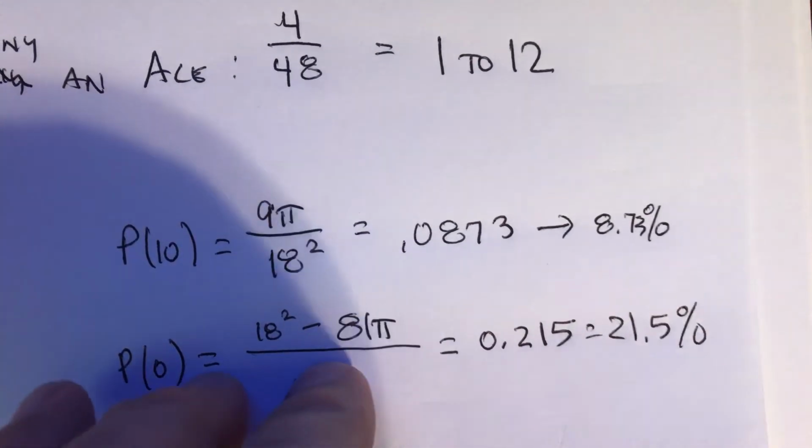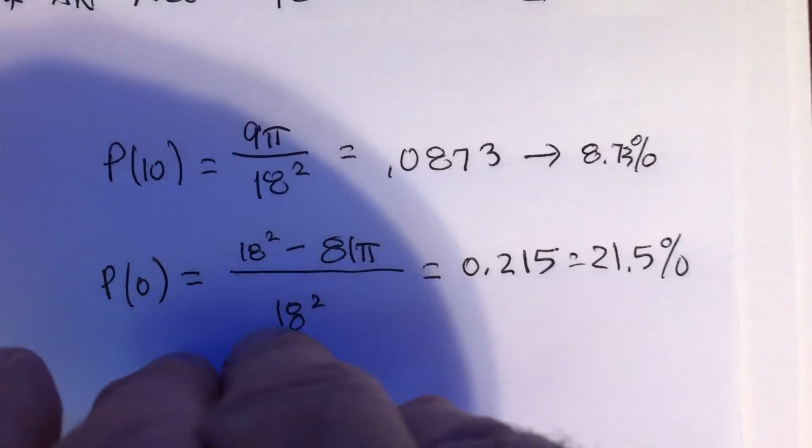The other idea is experimental probability. Experimental probability is where you're given data from an experiment, typically in the form of some type of graph or table, and you do probabilities based on that.